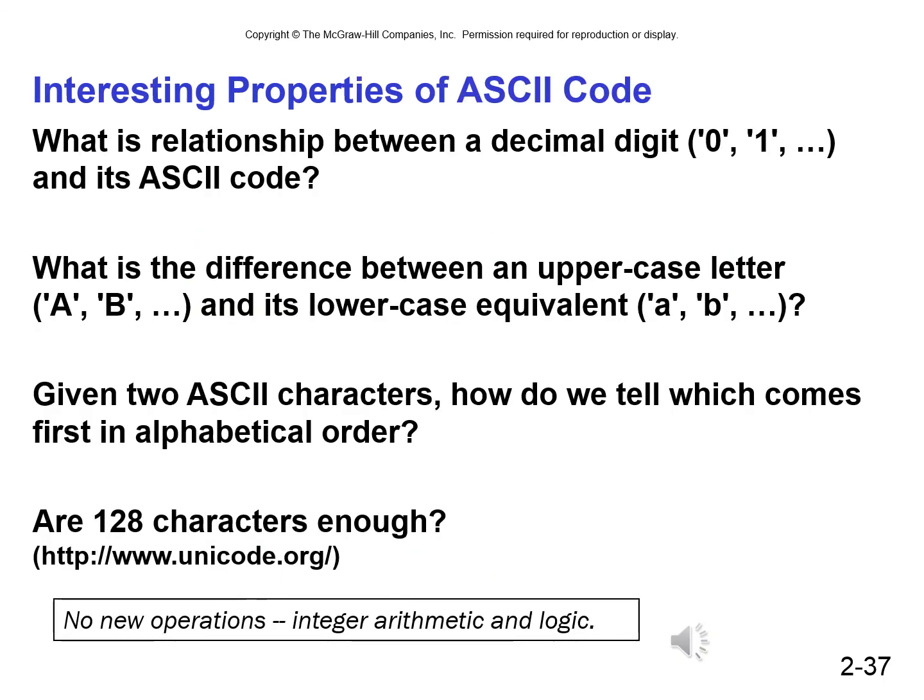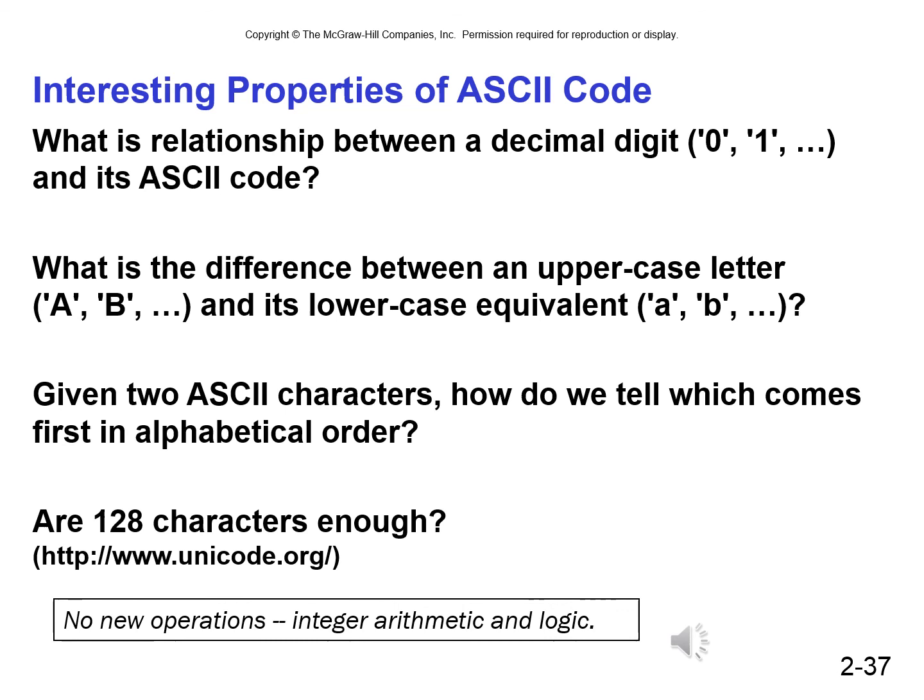Just some interesting properties of ASCII, which I've touched upon in our previous slide. The relationship between a decimal digit 0 and its ASCII code. It's hex 30, which is decimal 48. What's the difference between an uppercase letter A and its lowercase equivalent?